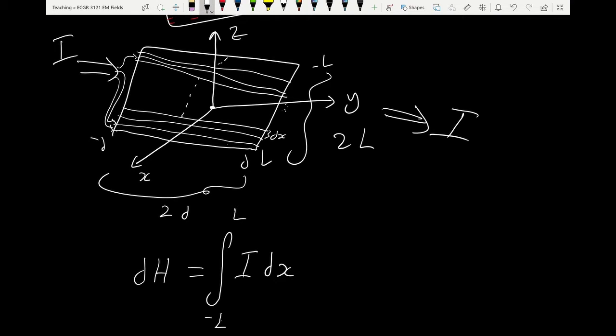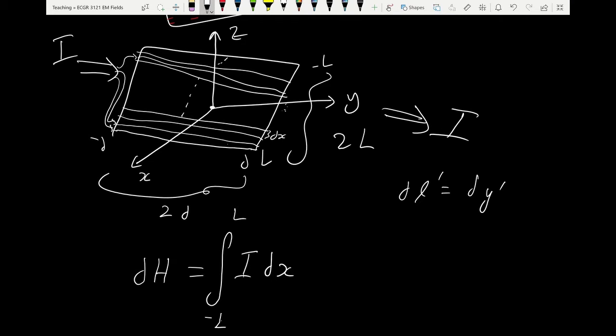What's my dl prime in this case? It's dx prime, right? Sorry, dy prime, because each filament is moving in its direction in the y-axis, right? It's moving in the y-axis.